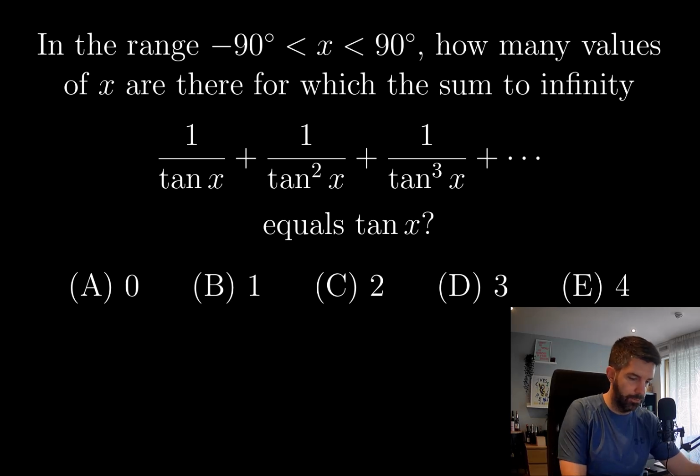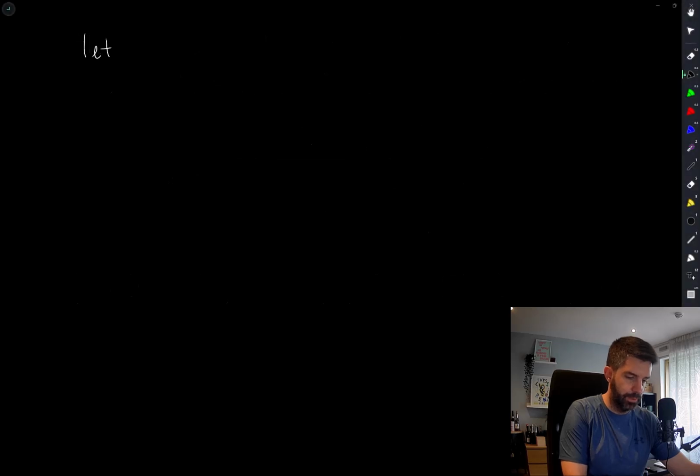Okay, so let y be equal to tan x. Then I have 1 over y plus 1 over y squared plus 1 over y cubed and so on.